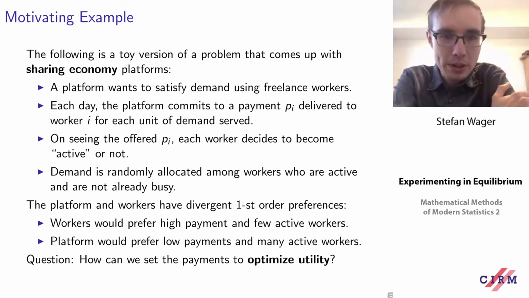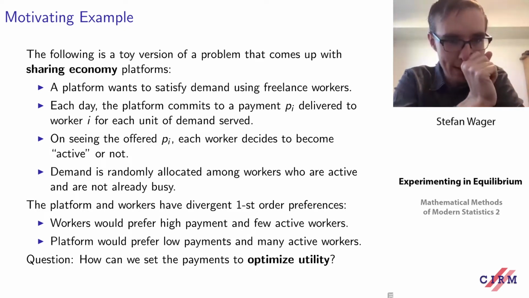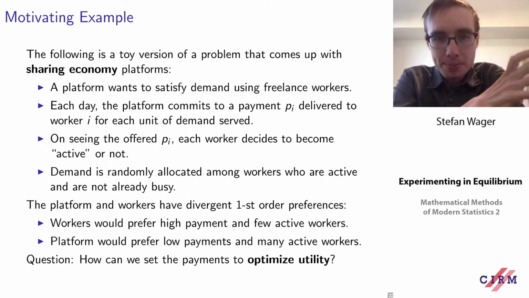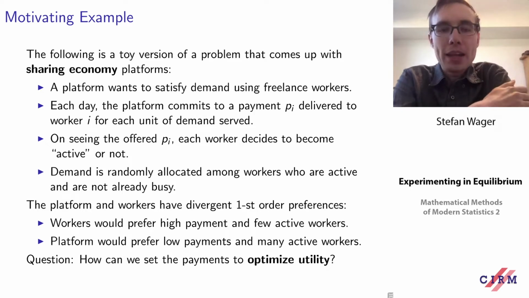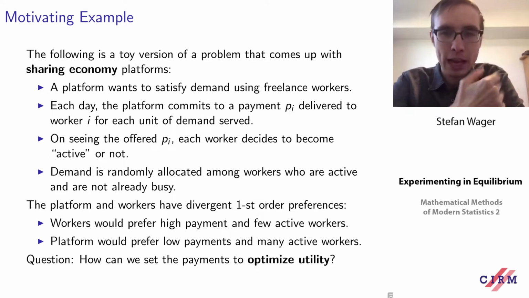And so as one application of this type, to get us thinking and have a concrete example to support our intuition, suppose there's a sharing economy platform, and so there's demand coming in for some tasks to be performed.